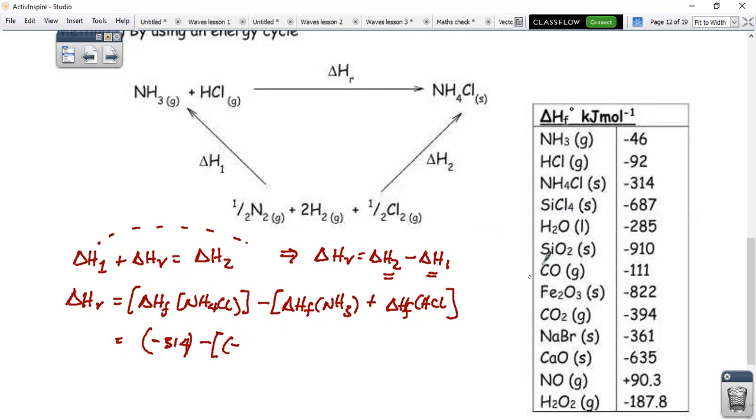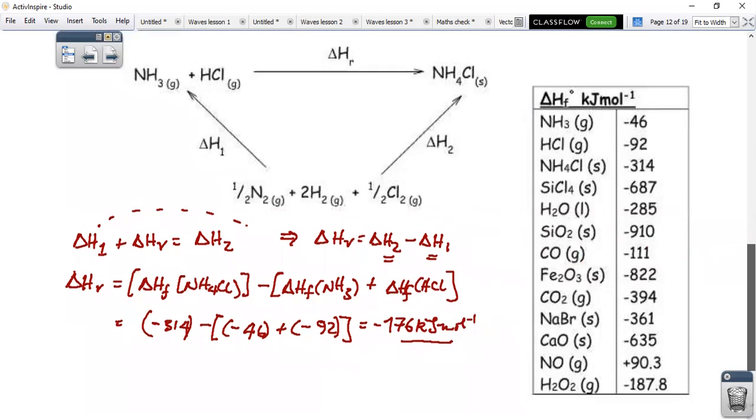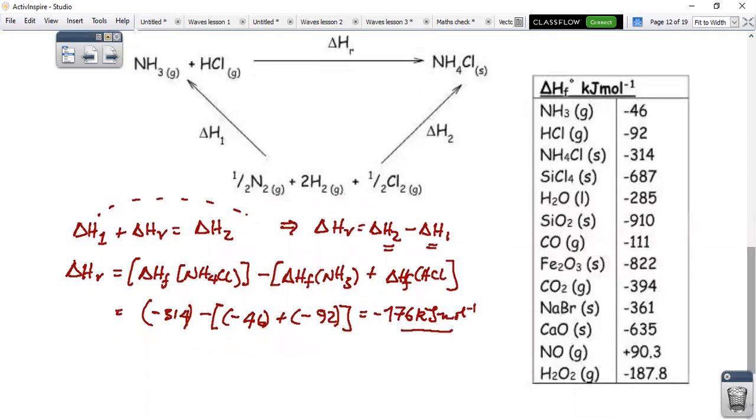I've got minus 46, which I picked from there, minus 46 plus minus 92. And if I add everything here, I get a value of minus 176 kilojoules per mole. Are you happy with that? Good.